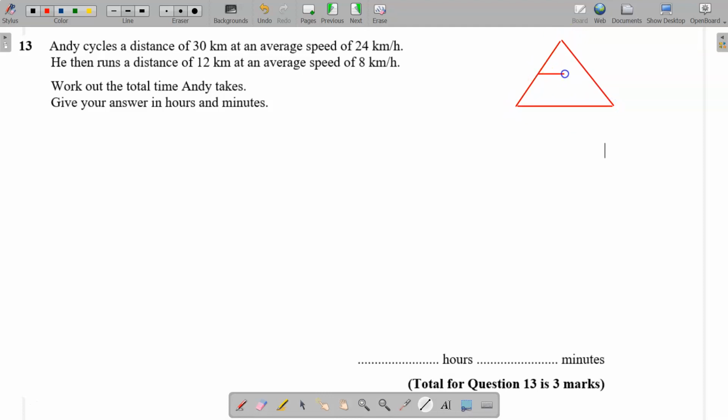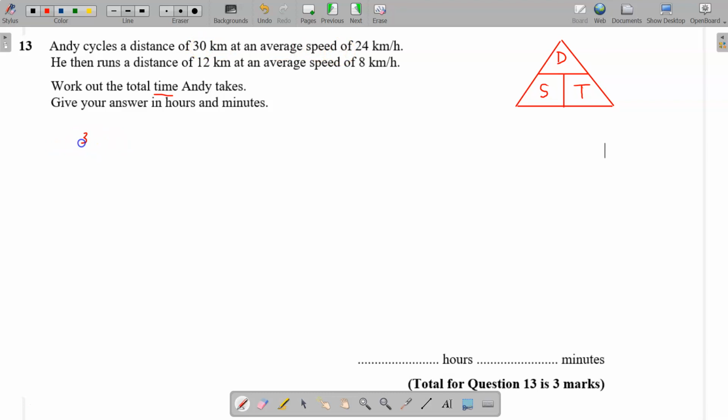If I just do this triangle here, you can see that at the top is speed, and down here is distance divided by time. That's the one that people tend to remember, and you can use it in a different order. So to get the time, which is what we're looking for here, the total time, it's distance divided by speed.